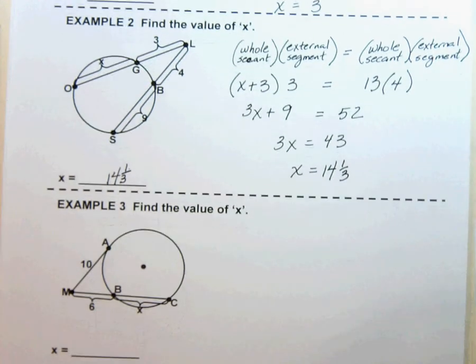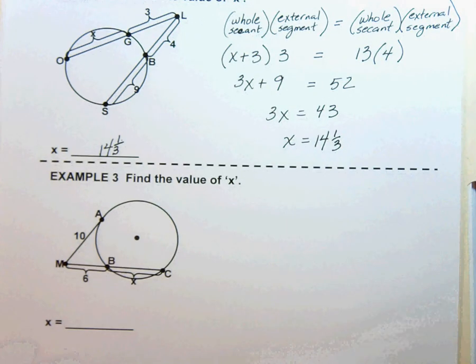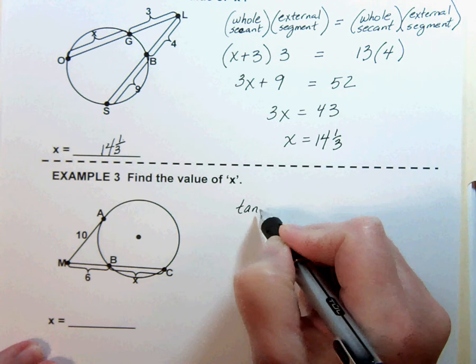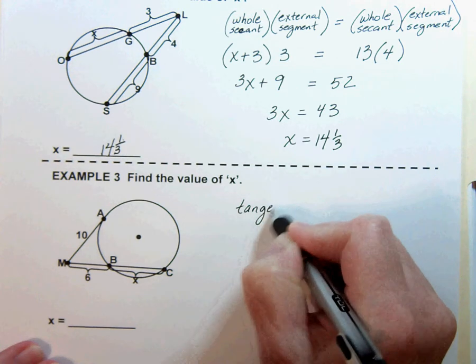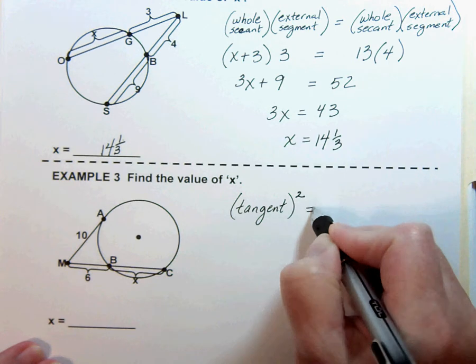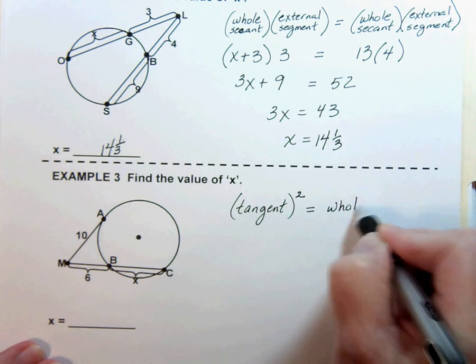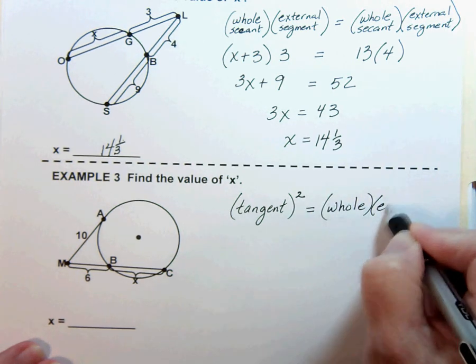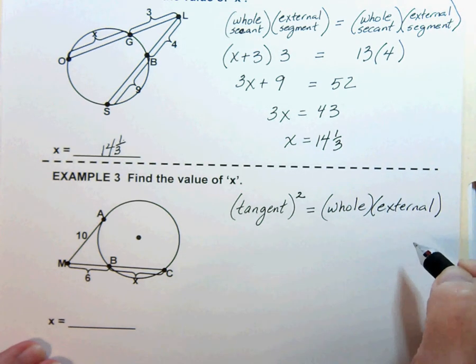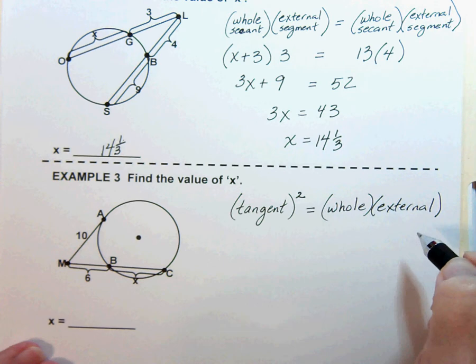Example 3 uses a tangent. Let's go ahead and write our little notes to help us. When we were in topic 6.4, you learned that you take the tangent and square it and set it equal to the whole times the external part of the secant. So make sure you're looking at this one correctly. The tangent line is the one that just hits the circle at one point.